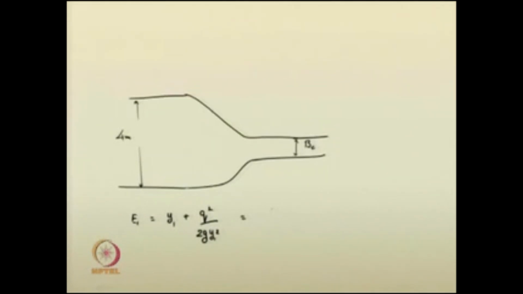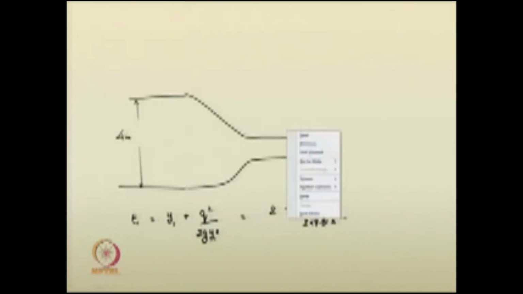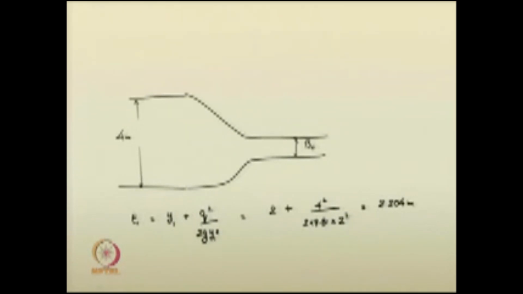I can write this as 2 plus 4 squared by 2 into 9.81 into 2 squared. You just calculate it, it will come to around 2.204 meters.